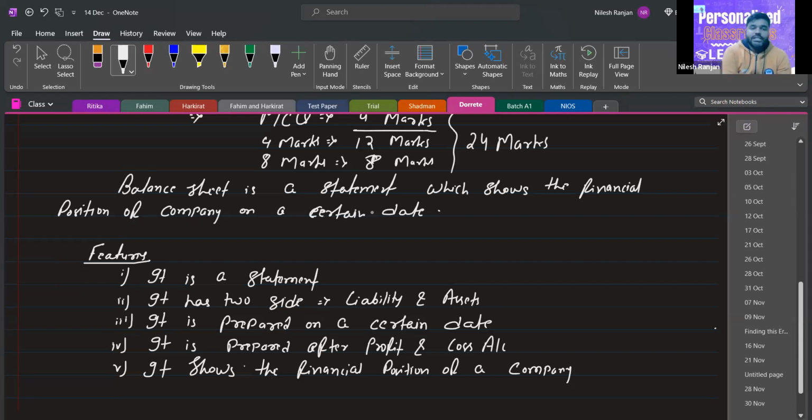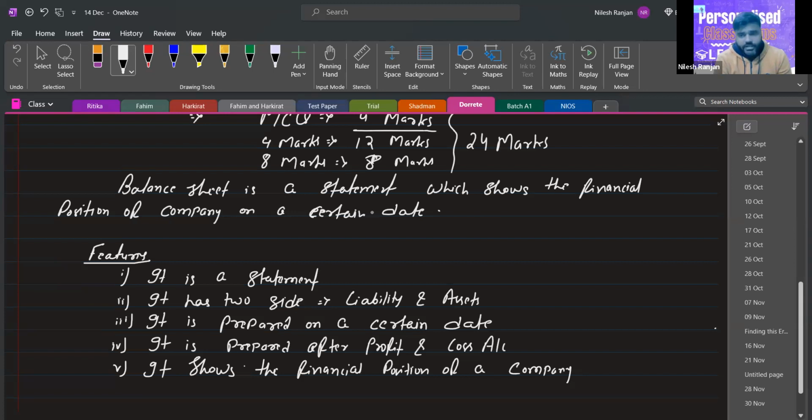The third is that it is prepared on a certain date. I already told you that it is prepared on a certain date, which is generally the end of the year. Like if it is ending on 31st December, then it is 31st December. And if it is a financial year, then it is 31st March. It is prepared after the profit and loss account.